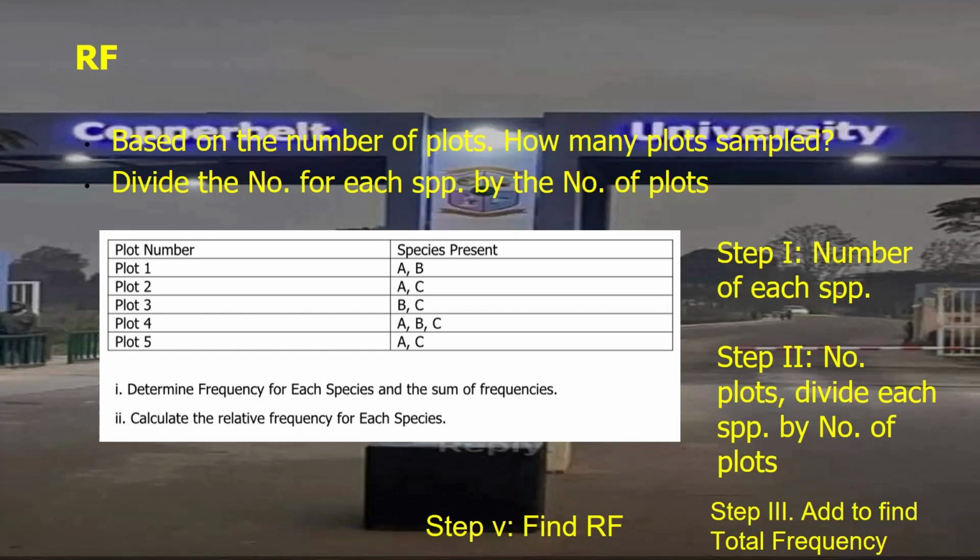The relative frequency for species B, we do the same. We calculated the frequency of species B to be 0.6 divided by what? The total frequency of 2.2 times 100. So it's 0.6 divided by the total frequency of 2.2 times 100. We are getting 27.27%.